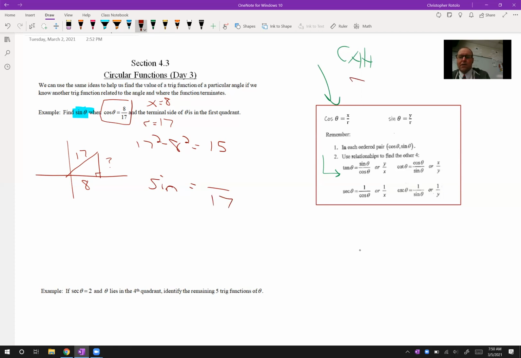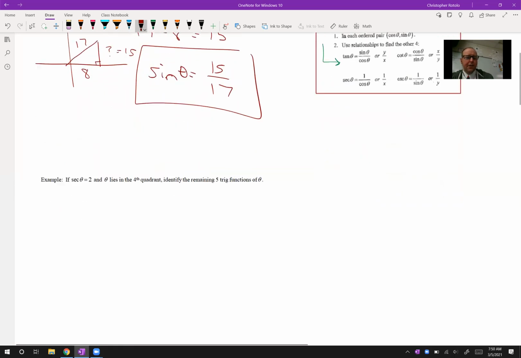The y value, the opposite side, turned out to be 15. Ooh, I should put my theta in there. Sine of theta is going to be 15 over 17. So we're still using that right triangle idea, but also using our trig relationships to get through those.